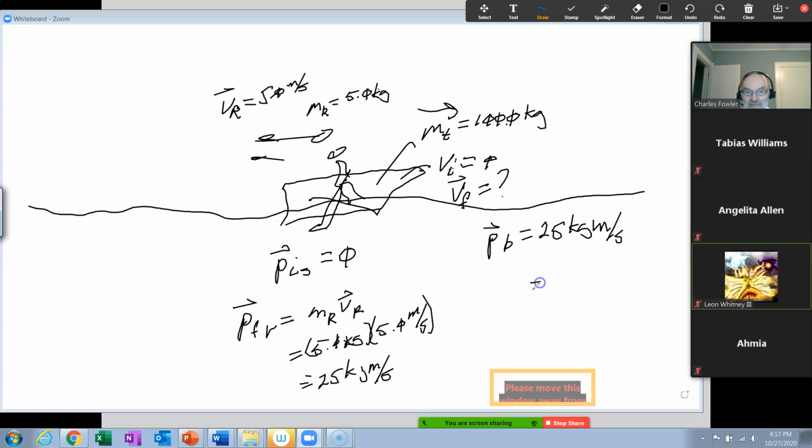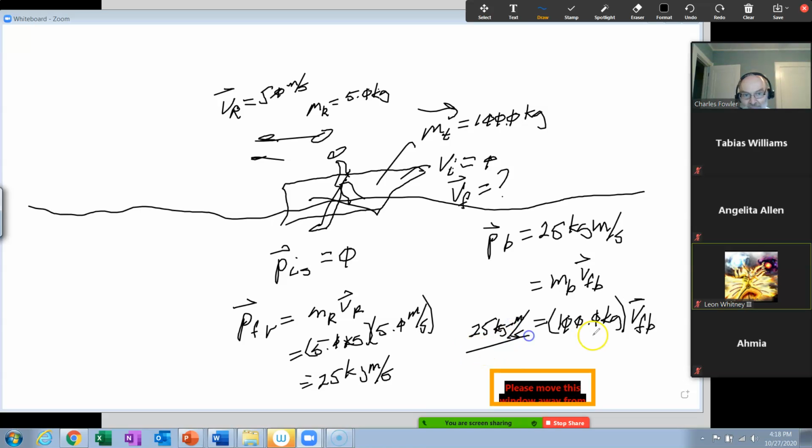Well, this has to be equal to the mass of the boat times the final velocity of the boat. Well, the mass of the boat is still 100 kilograms. Now, I found that a little disingenuous there, but we'll let them get away with it. 100 kilograms, because she had the rock in the boat to begin with, but we're going to ignore that, times V final of the boat. Okay, and that has to equal 25 kilogram meter per second.